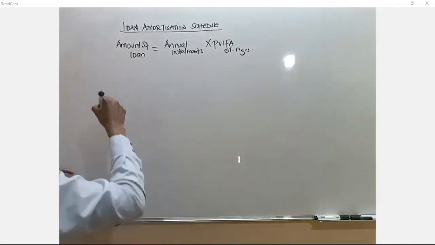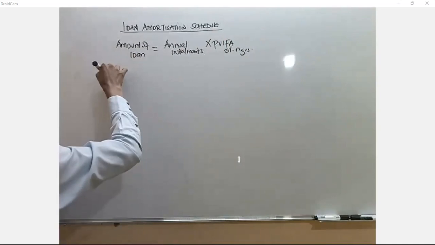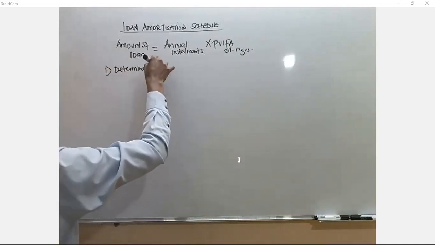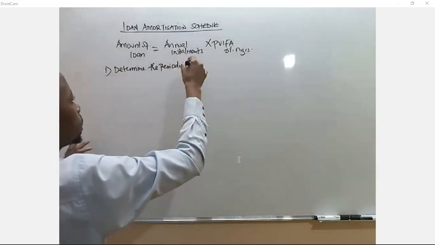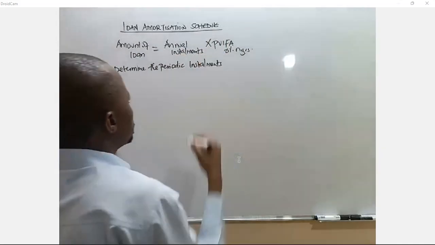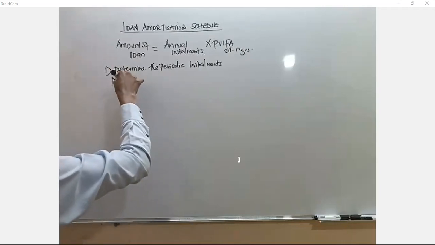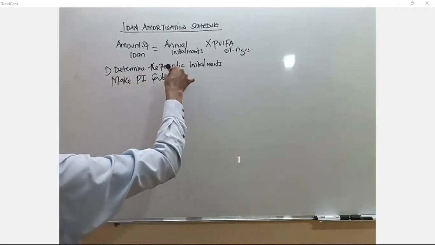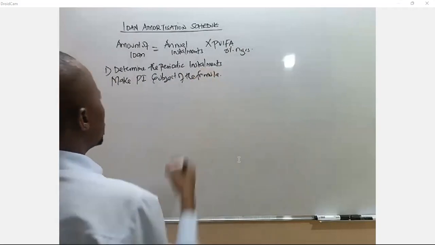When calculating the loan amortization schedule, the first step is to determine the periodic installments, and we make the periodic installment the subject of the formula.